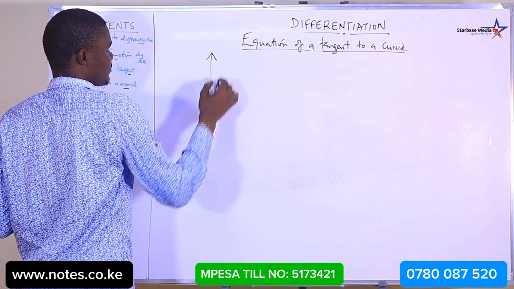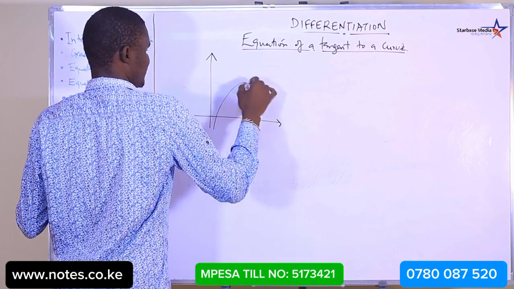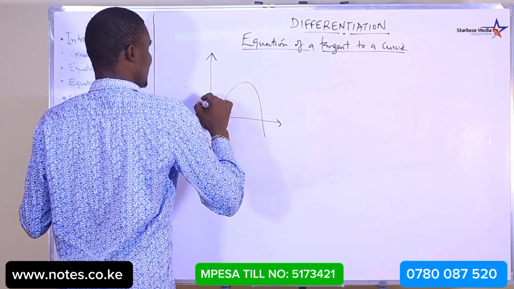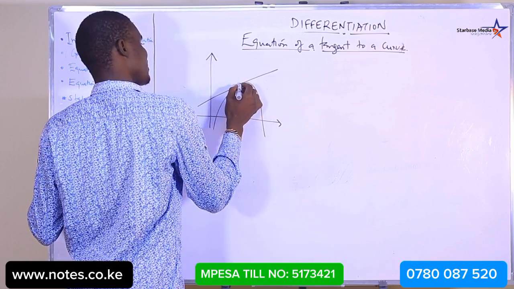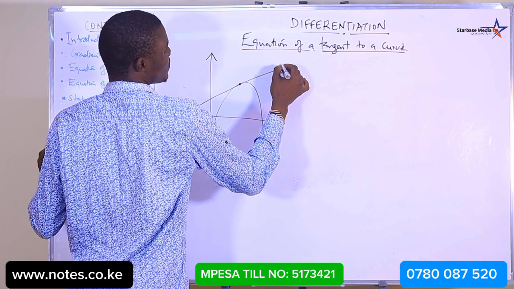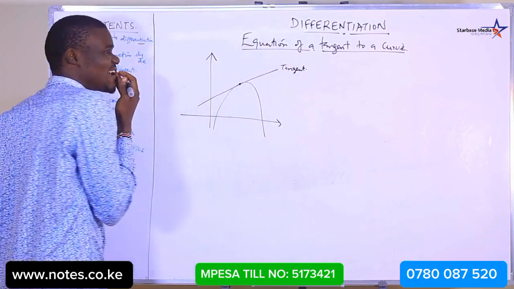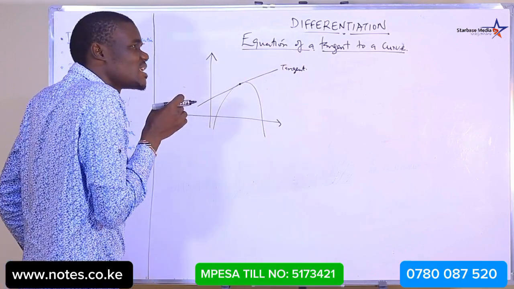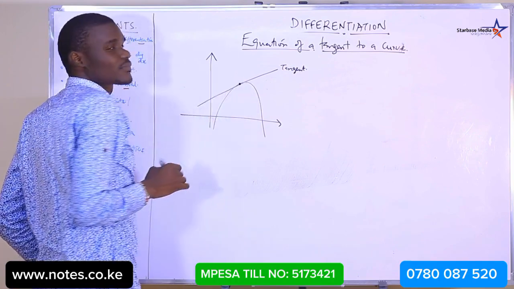When you have a curve like this, and you have a line that touches the curve at only one place, this line qualifies to be a tangent. That is very important, that a tangent touches the curve at only one given point.